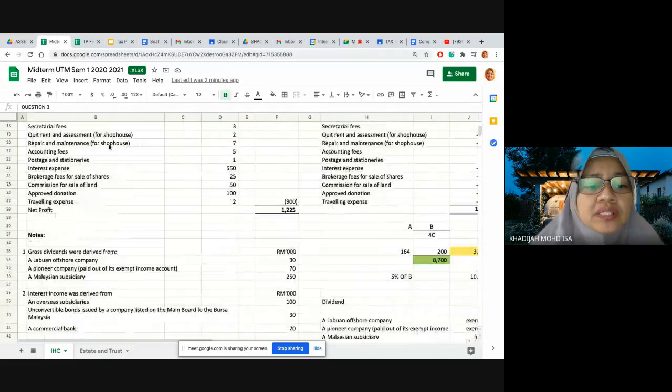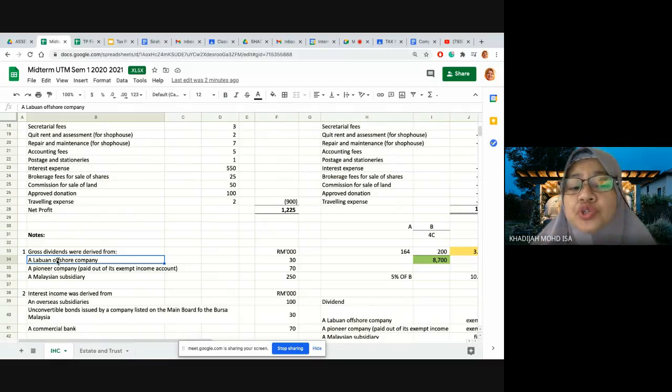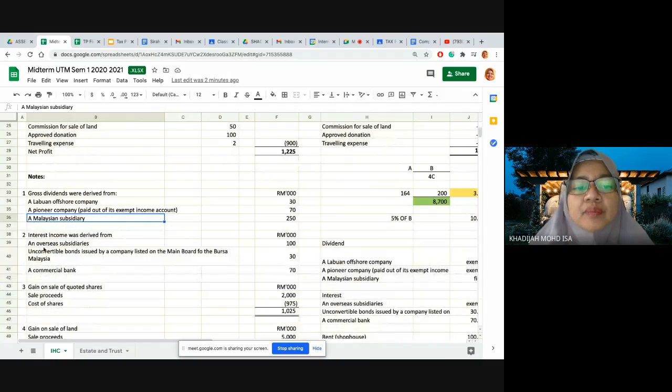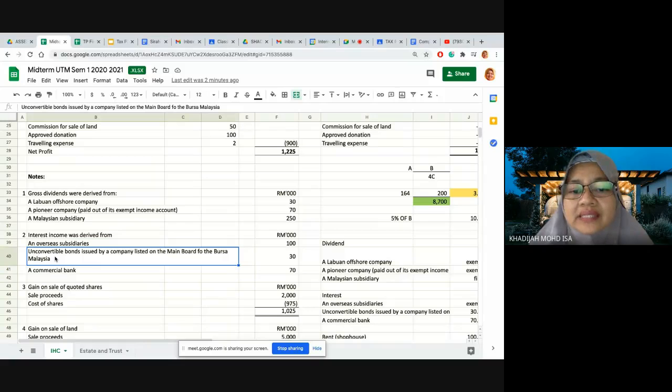Alright, so they give gross dividend here. Labuan offshore, I assume that you should know because we do have a presentation on this. Labuan offshore income is exempted. Pioneer company income is also exempted. Malaysian subsidiary is a final. Right, and then interest income from overseas is exempted. Unconvertible is taxable 30.